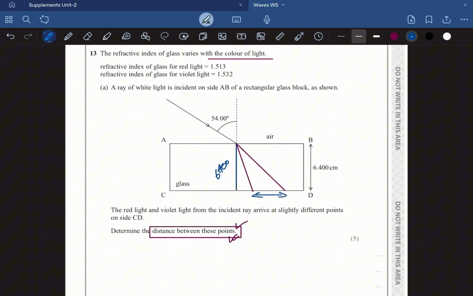And another thing is, if I connect this one, and if I know the angle of this one, because this is with the normal, I can easily figure out this value using Pythagoras theorem, because I know this angle and I know this value, which is 6.400.